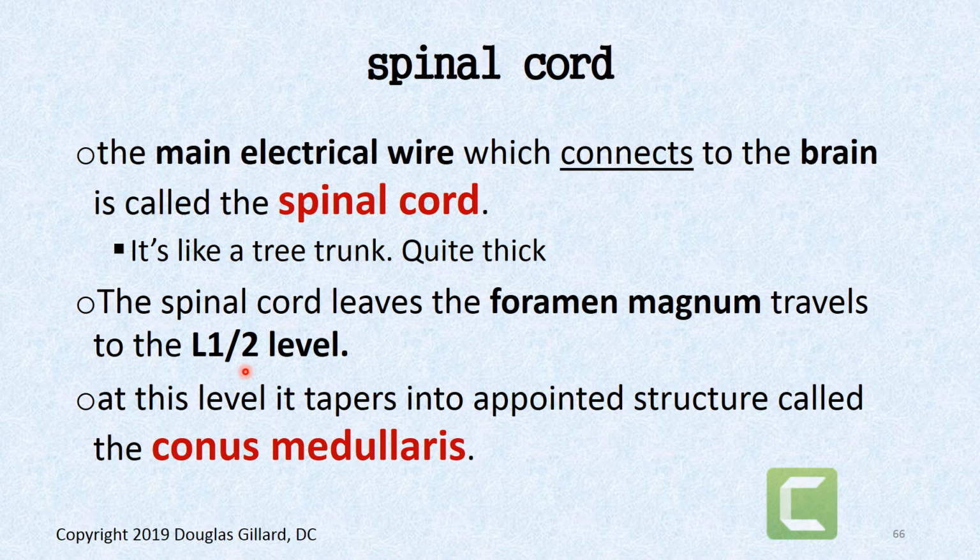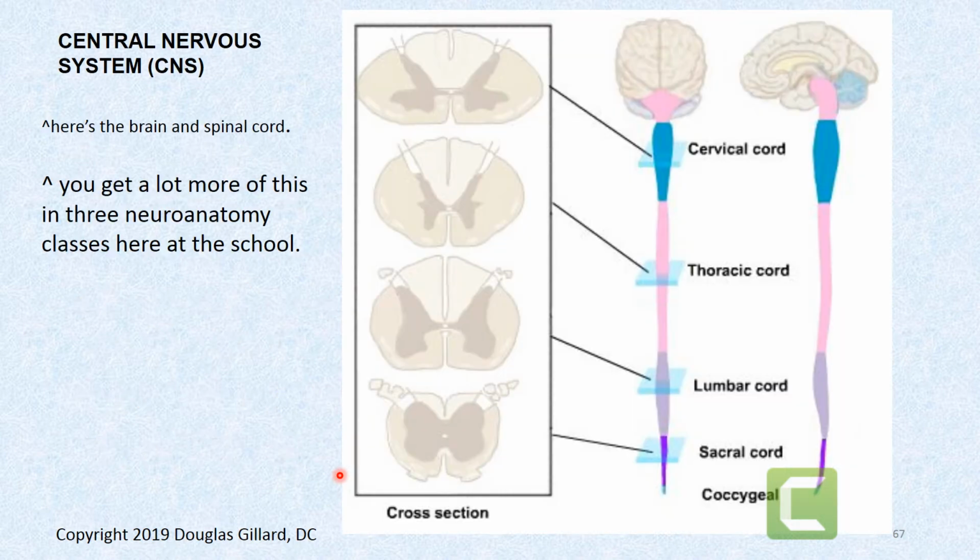So what's the deal with that? Well, during development, the cord gets left behind, so it's short. But anyway, I'm digressing. The end of the spinal cord comes to a tip, and here's one for your note cards: conus medullaris. That's the tip of the spinal cord.